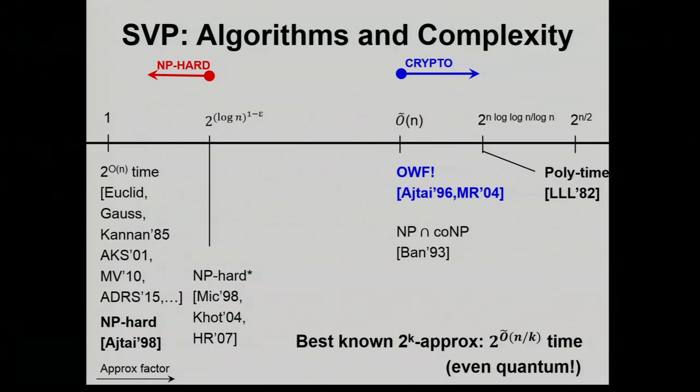And once you pass something like n, you start getting structure. This is a result of Banaszczyk back in '93, and this uses something called dual lattices, something called transference theorems. I won't get into it too much, but you should Wikipedia it and learn. It's a beautiful, beautiful result.